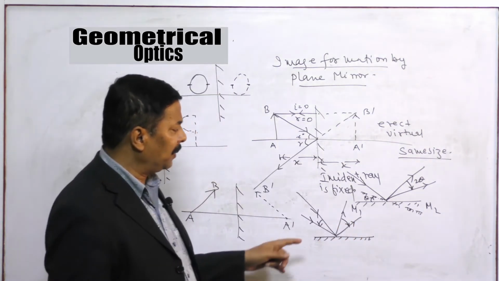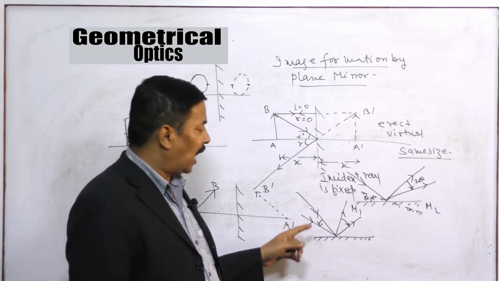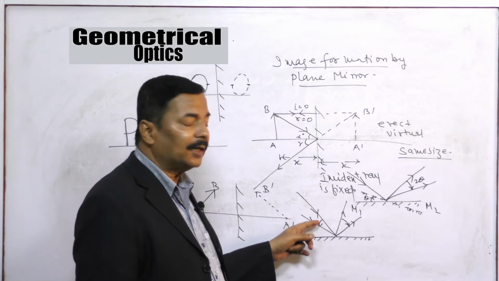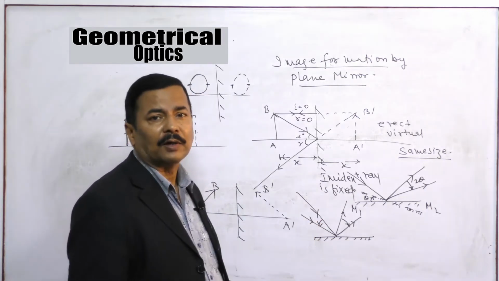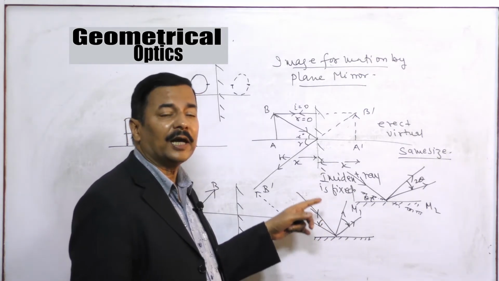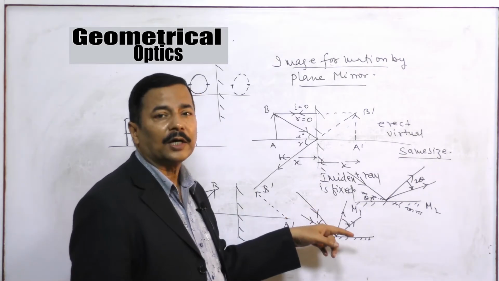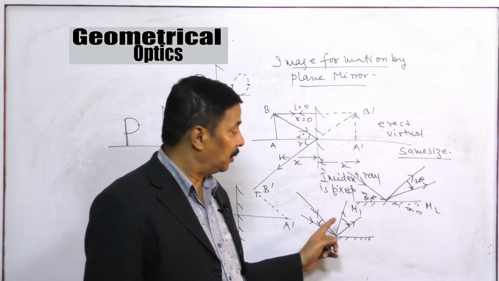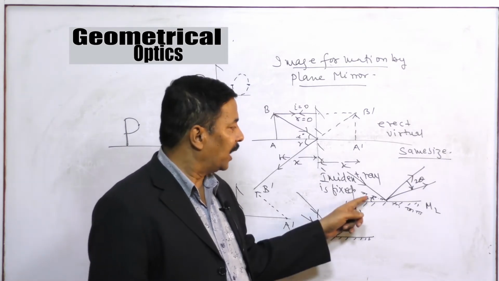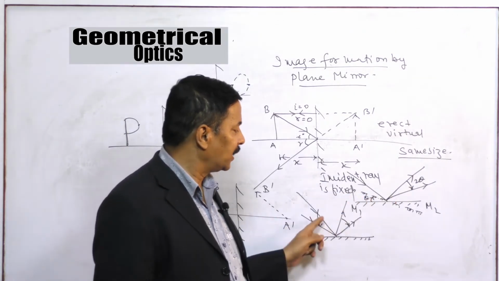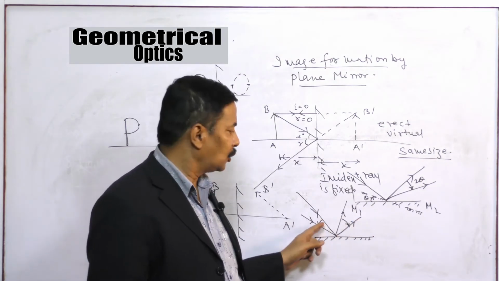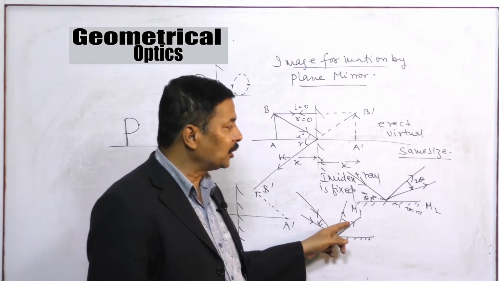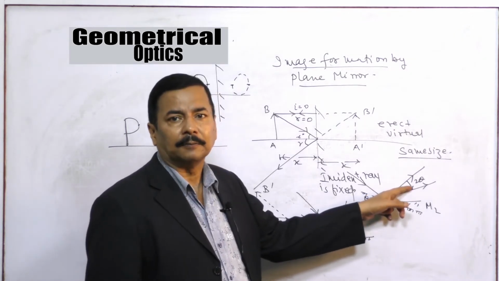So if the plane mirror is kept fixed and incident ray is rotated in clockwise direction, then reflected ray rotates in anti-clockwise direction. If the incident ray is rotated in anti-clockwise direction, then reflected ray rotates in clockwise direction. This is very important, but the amount of rotation will remain same. Here it is theta, 10 degree, 20 degree. If it is 10 degree, then also it is 10 degree. If it is 20 degree, then also it is 20 degree. Only difference is that here opposite direction, here same direction.